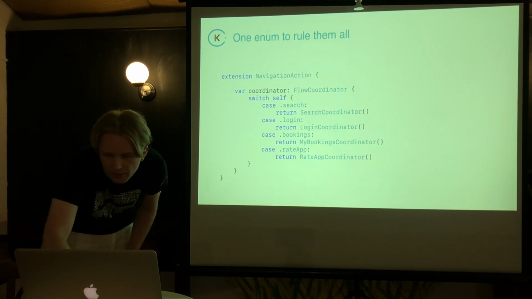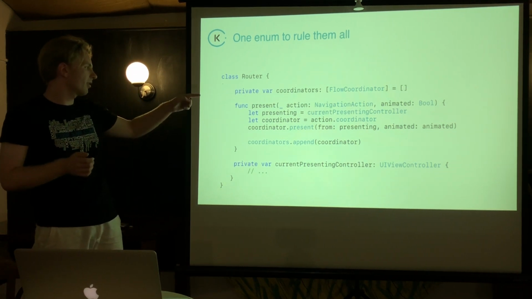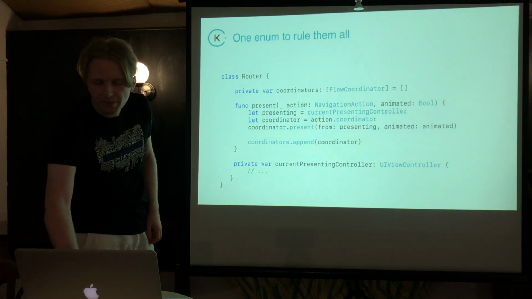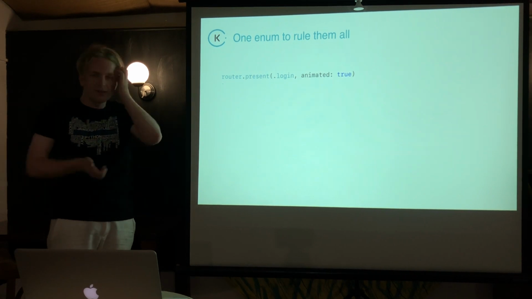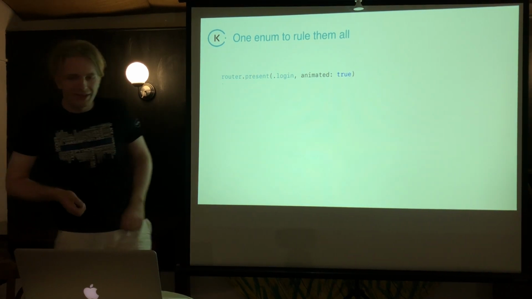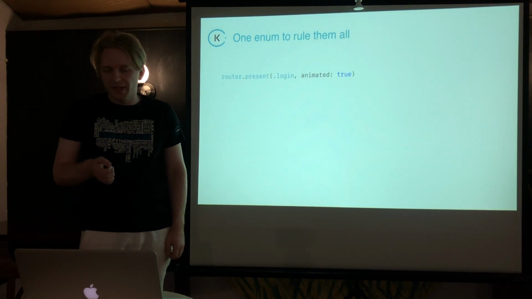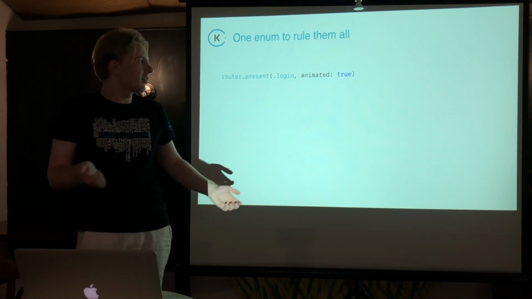Then we can just adjust the router to take an action instead of a coordinator. So after that, the presentation is just a one-liner, which again worked for a while. But then I realized that you do need to configure these objects.